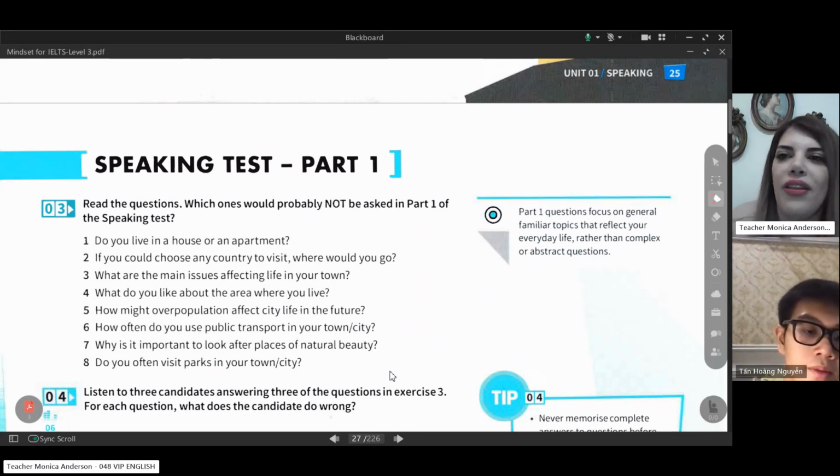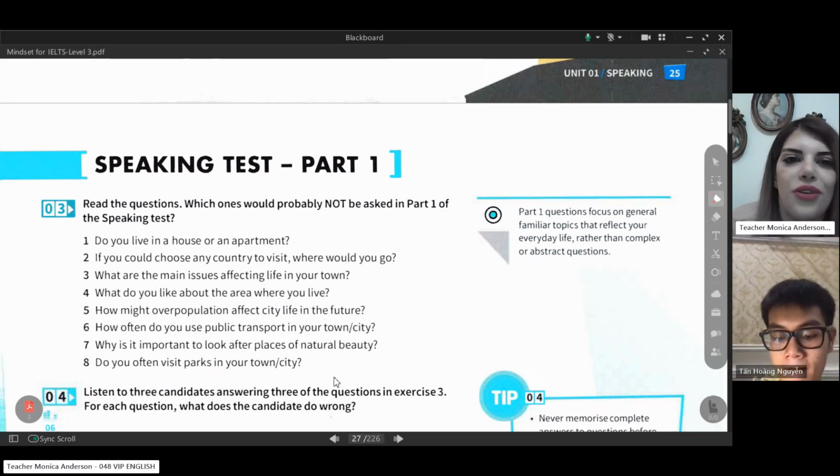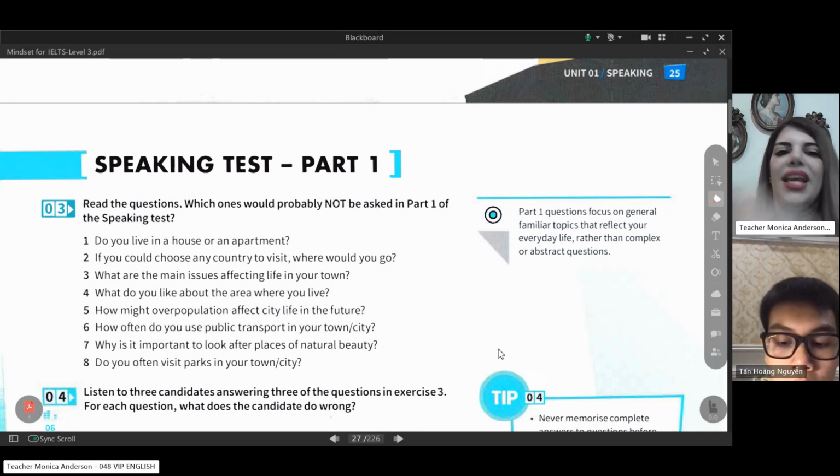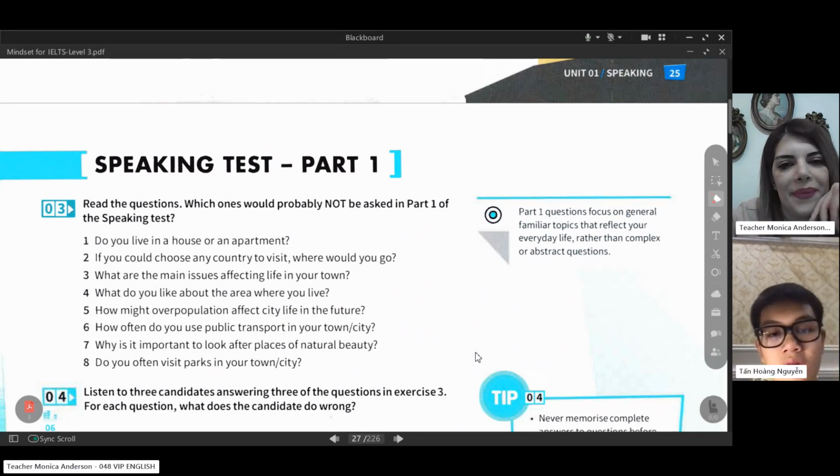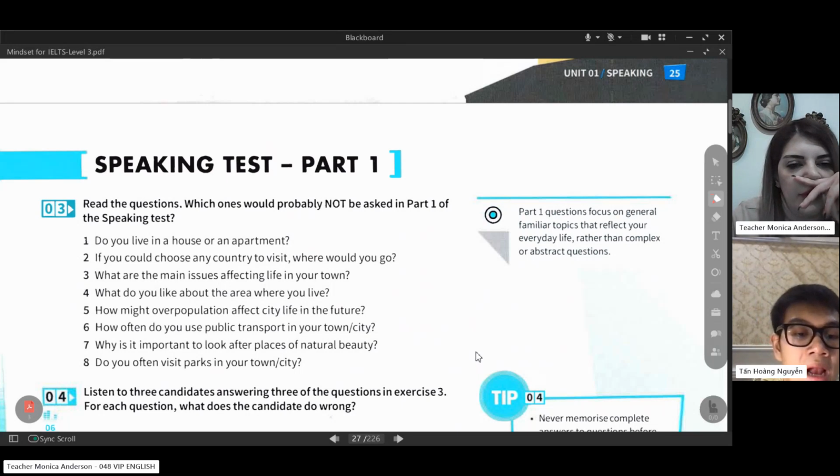Tell me if it's located in the middle of the city or in the suburbs, on the outskirts, the countryside. So you can say something about the location. So again, you live in a house. I live in a house located in the middle of the town.